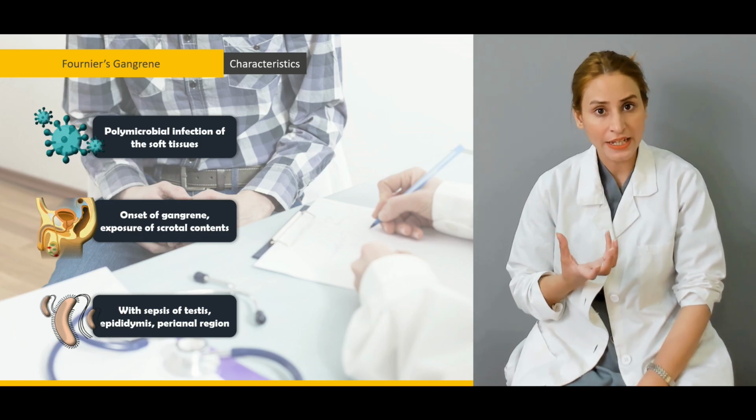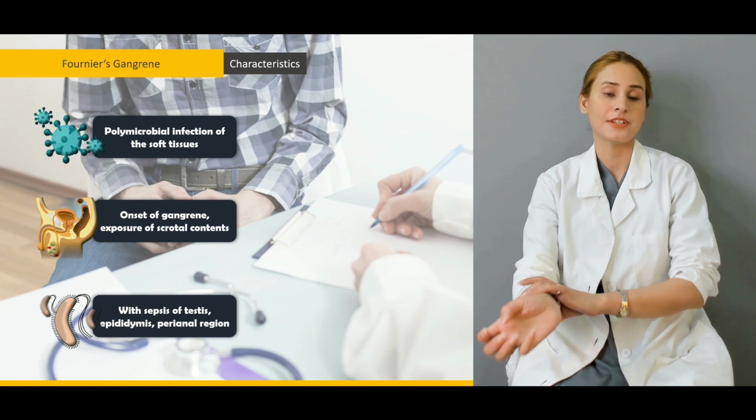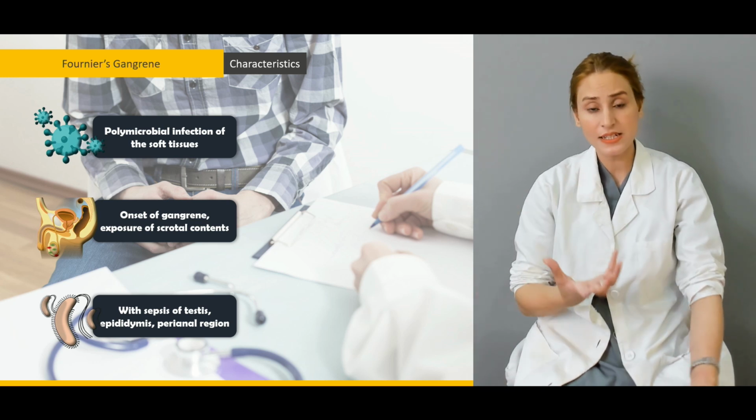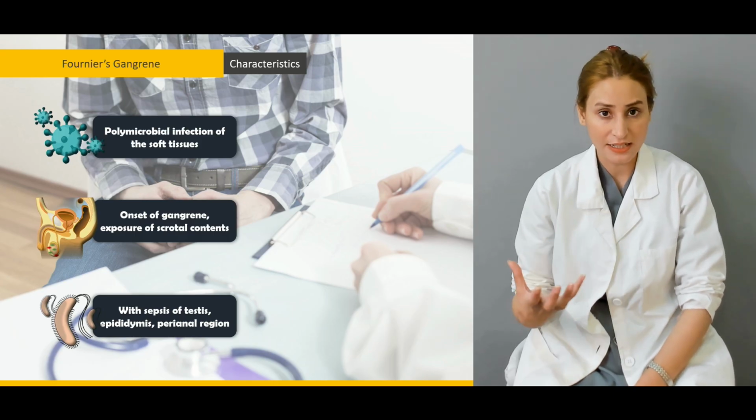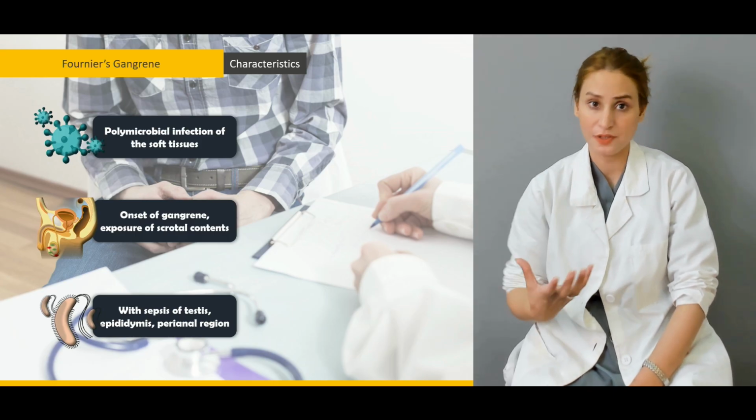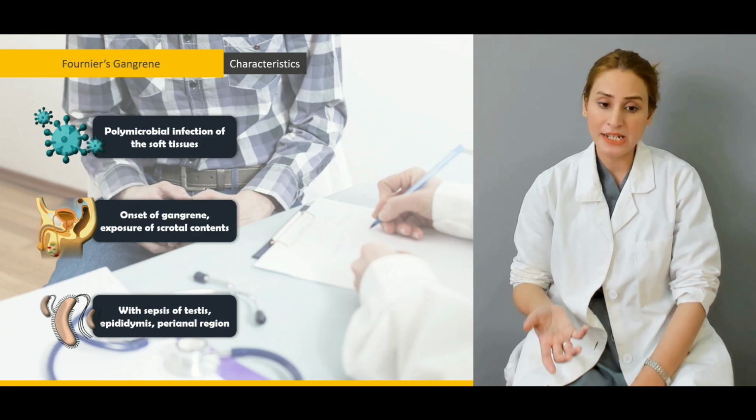The onset of the gangrene is sudden, and it leads to exposure of the contents of the scrotum, and at times the testes are exposed to the surface, but they remain healthy.